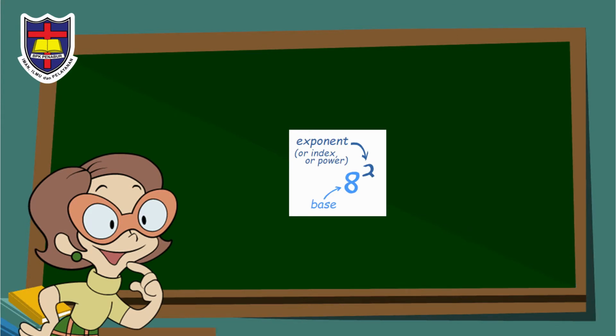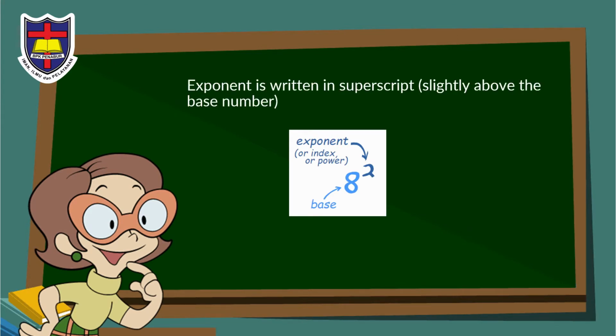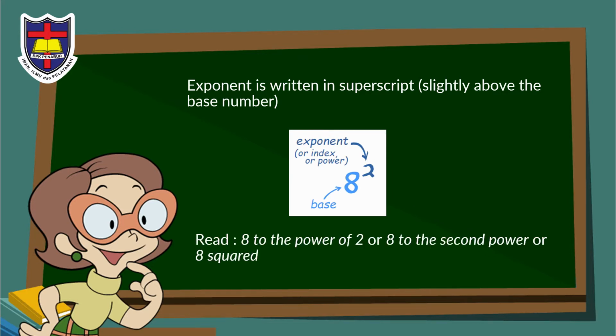So this is the example of exponent. Exponent is written in superscript. It means exponent is written slightly above the base number. So how to read the exponent? From the example above, we can read it 8 to the power of 2, or 8 to the second power.